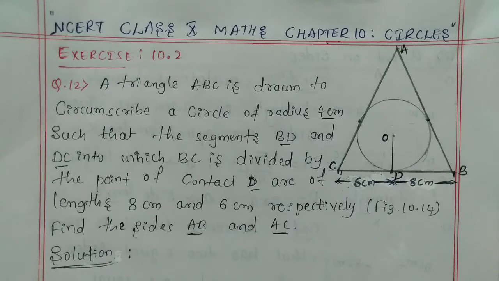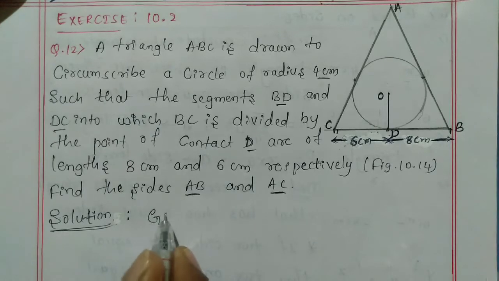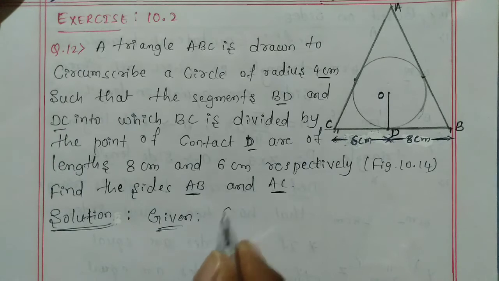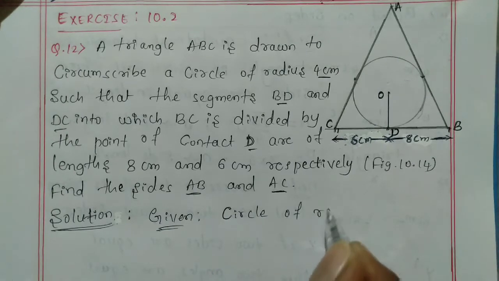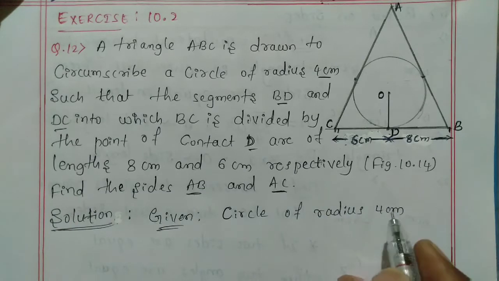Okay, so first I will write here Solution. After that I will write Given. What is given? Given: circle of radius 4 centimeter.